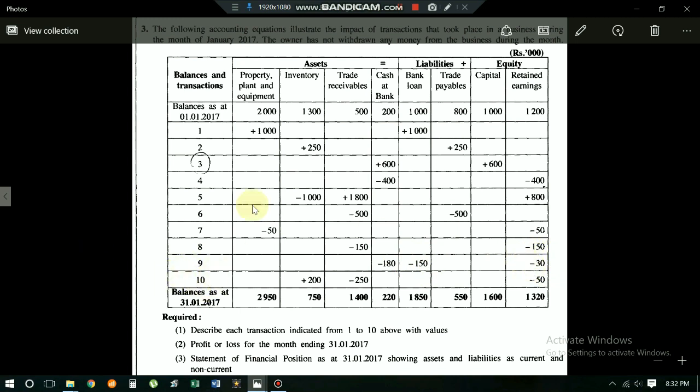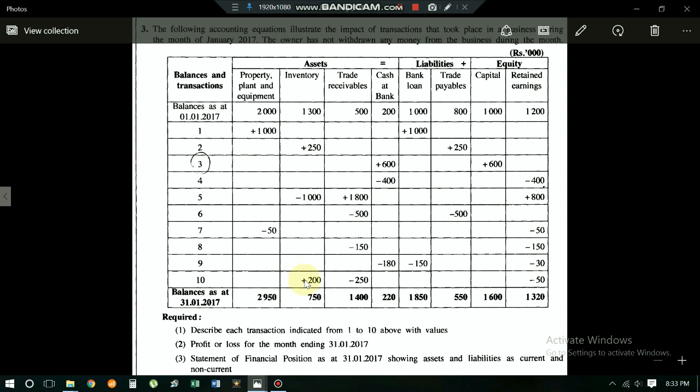Transaction number 10. Inventory gone up, debtors gone down, and RE gone down. My inventory go up due to two reasons only. If you purchase stock, yes, your stock go up, as well as due to sales return.